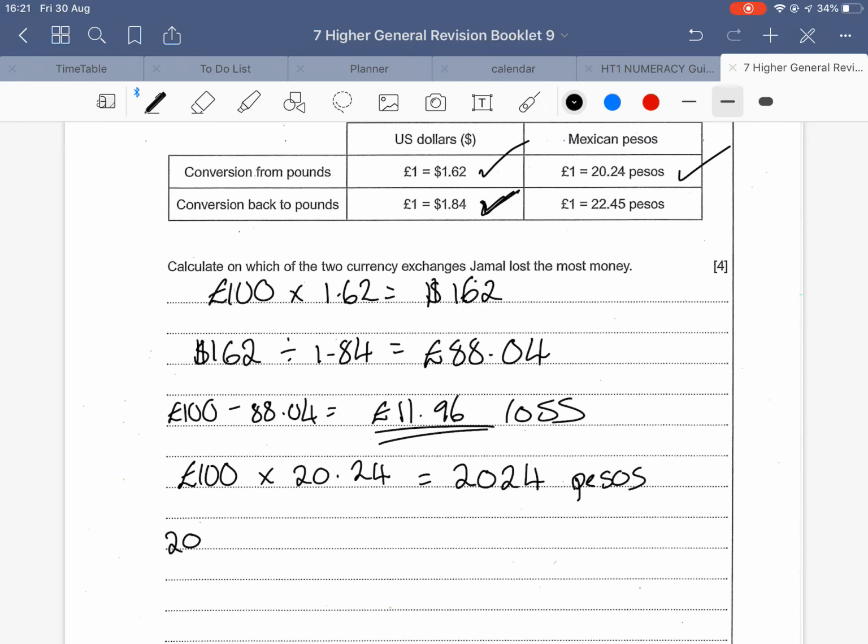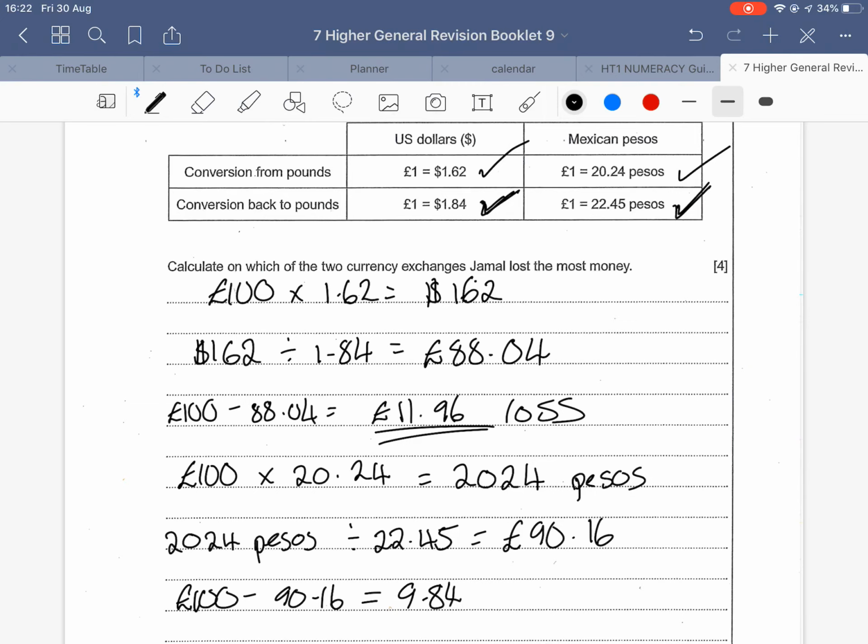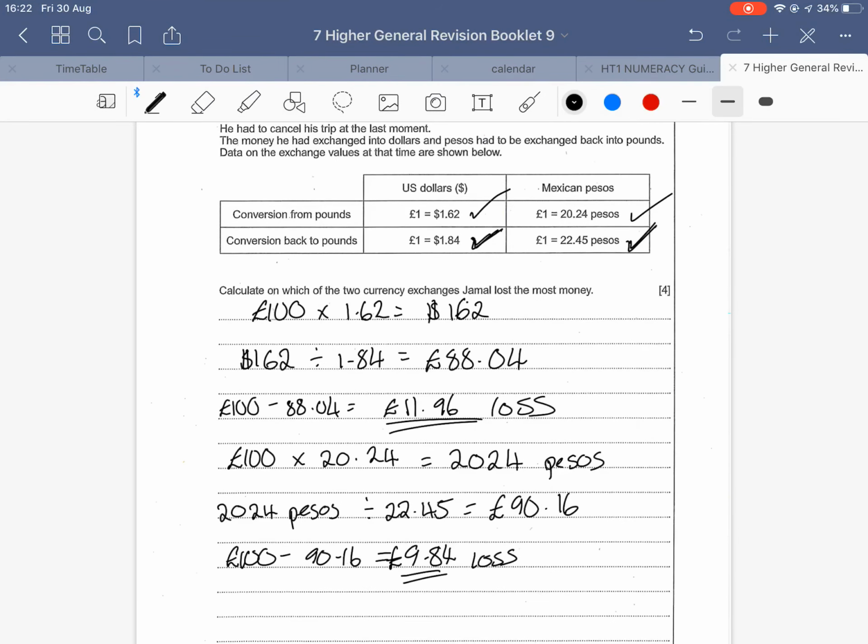And we are putting it back, so we're dividing it by 22.45, and that gives me £90.16. So he's made a loss of £9.84. So obviously he has more of a loss in the US.